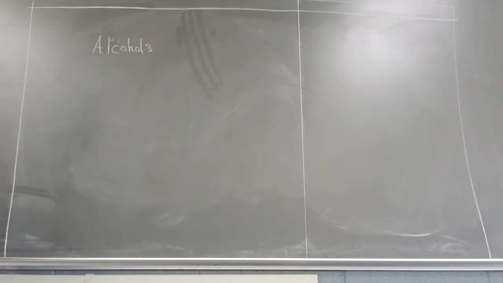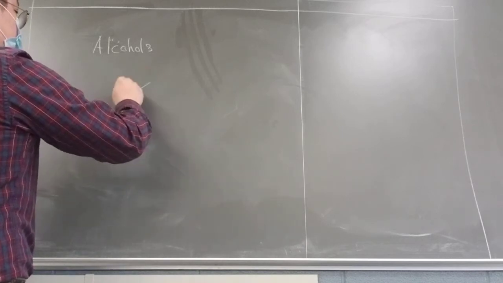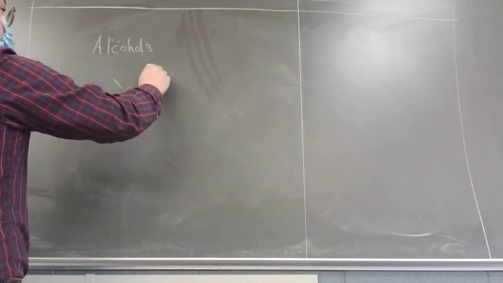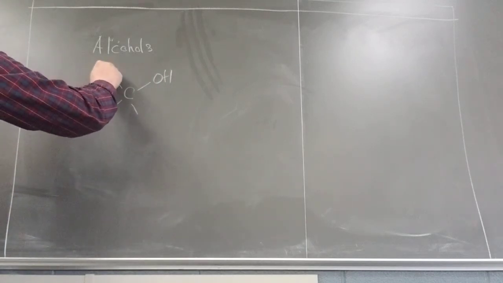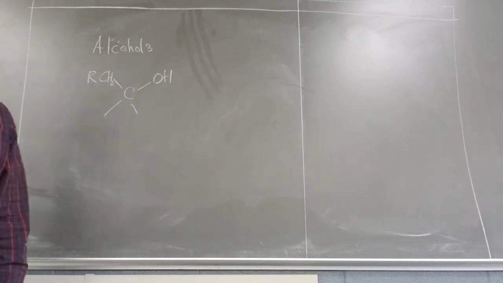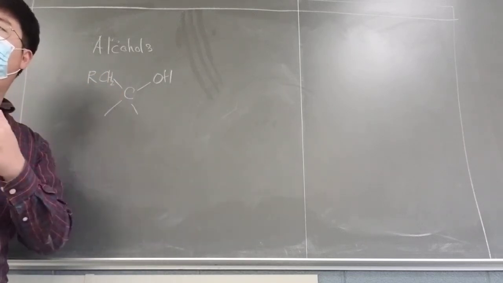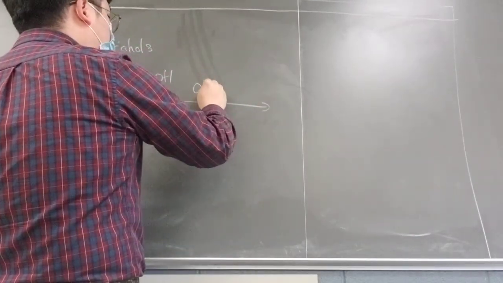If you have an alcohol, it means you're going to have a hydroxyl group in the compound. If that is the case, one possible scenario you may see in the mass spec fragments is what we call alpha cleavage.